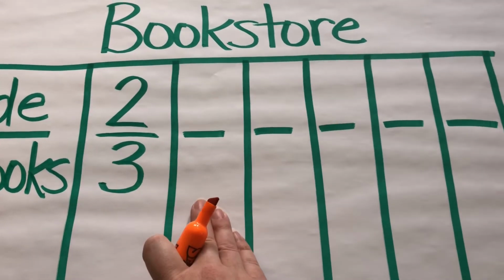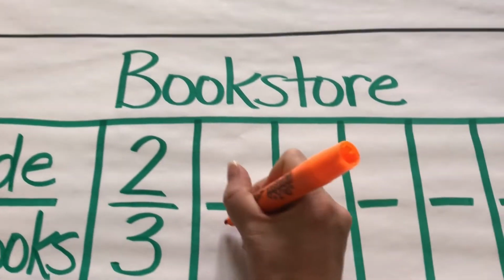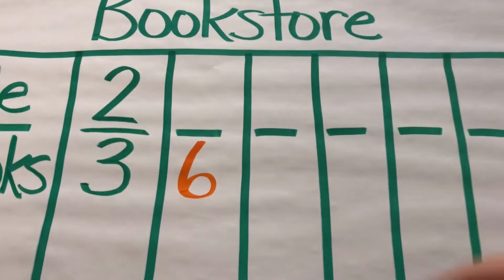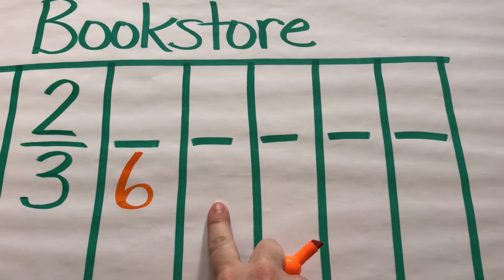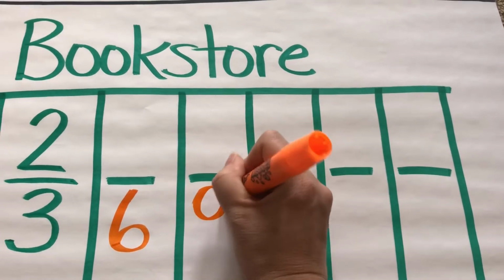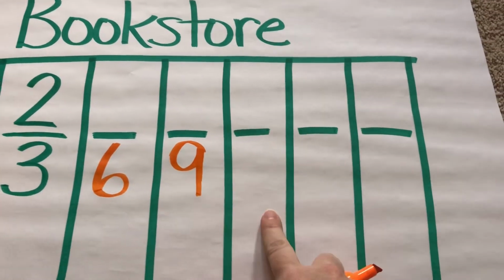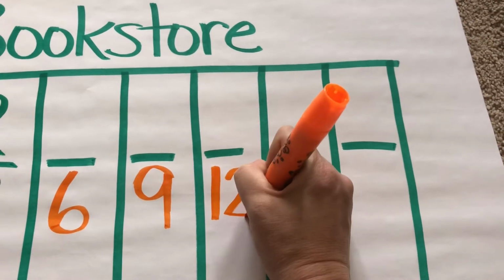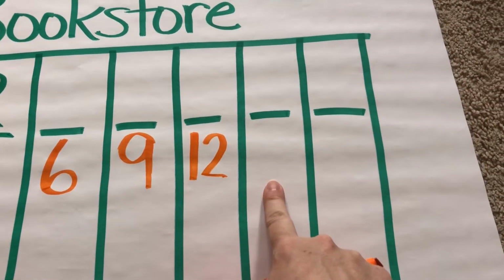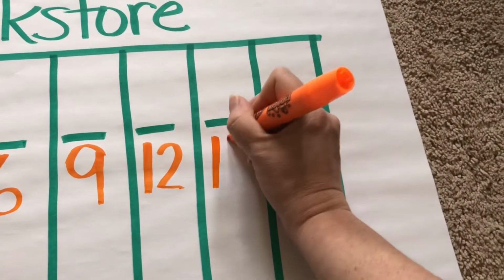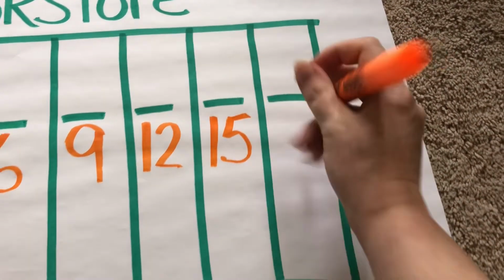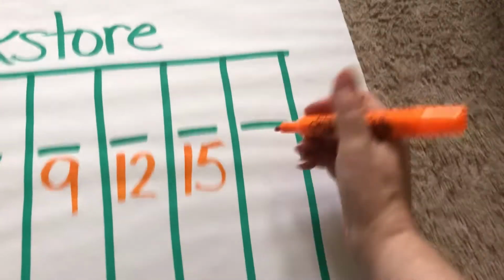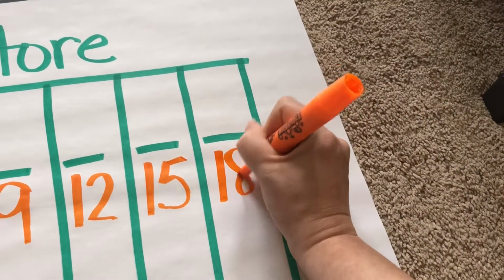The next multiple, 3 times 2 is 6. 3 times 3 is 9. 3 times 4 is 12. 3 times 5 is 15. And 3 times 6 is 18.